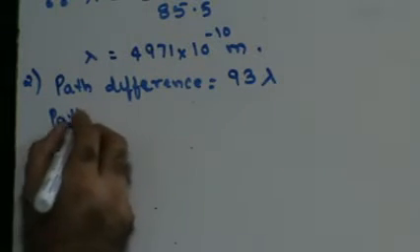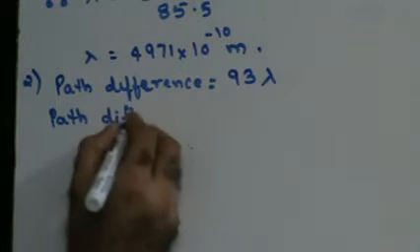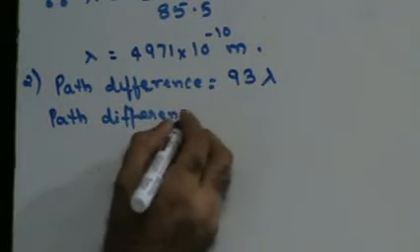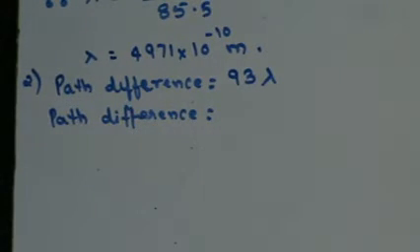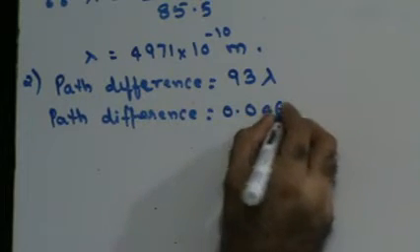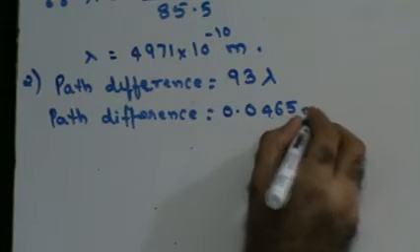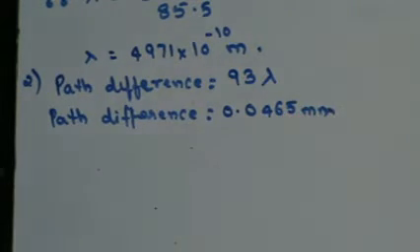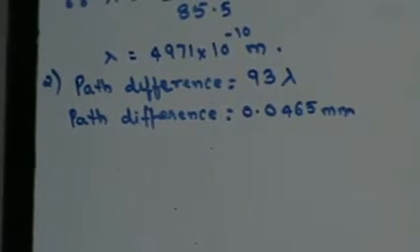Is the point bright or dark? If the path difference is 0.0465 millimeters, calculate the wavelength.